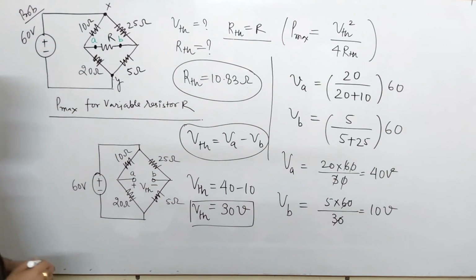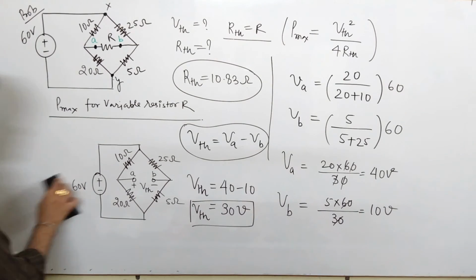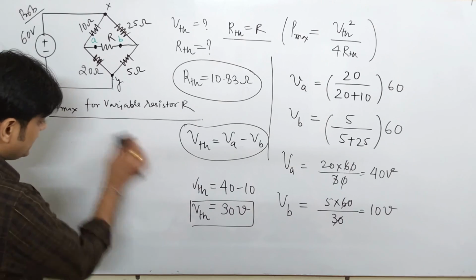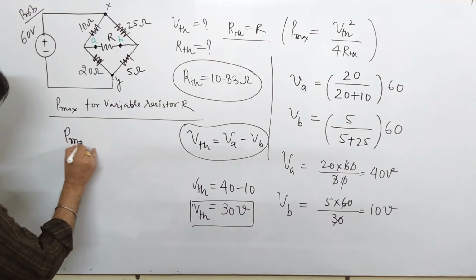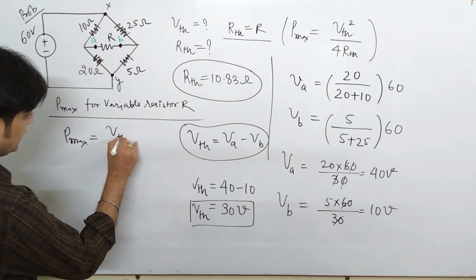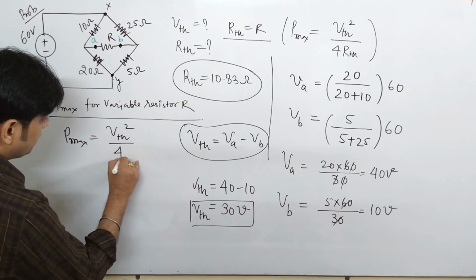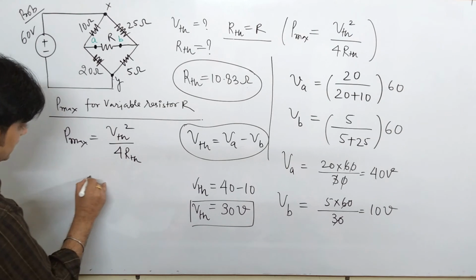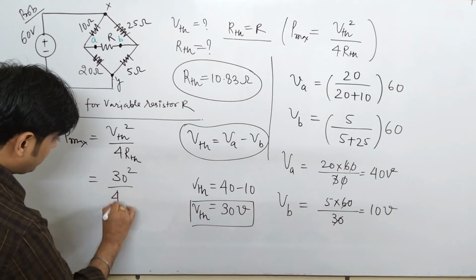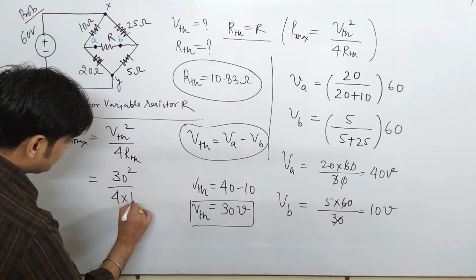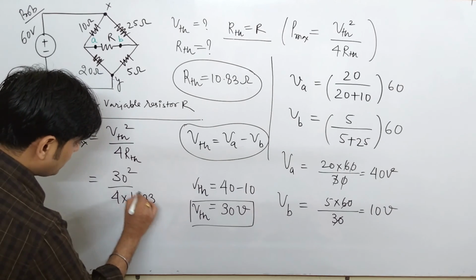So you have found the value of VTH, and you have found the value of RTH also. So can you find the value of maximum power? Yes. Your maximum power P max is equal to VTH square upon 4 RTH, where VTH is 30, so 30 square upon 4 into RTH, that is 10.83 ohm.